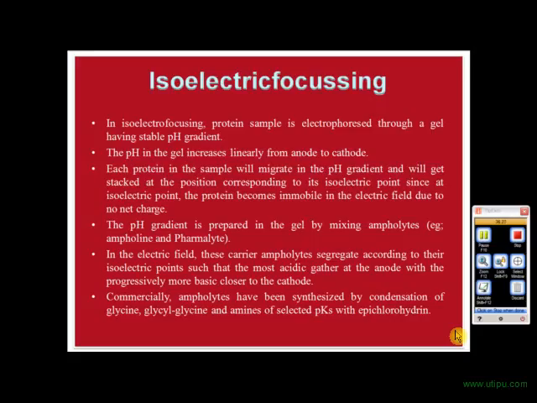Isoelectric focusing. In the earlier gel filtration you saw a column filled with gel beads. Here, in isoelectric focusing, the protein sample is electrophoresed through a gel having a stable pH gradient.